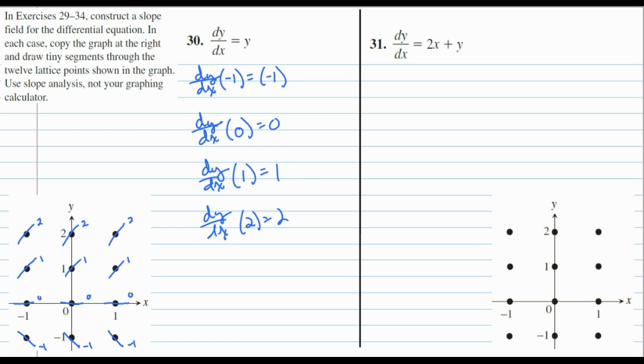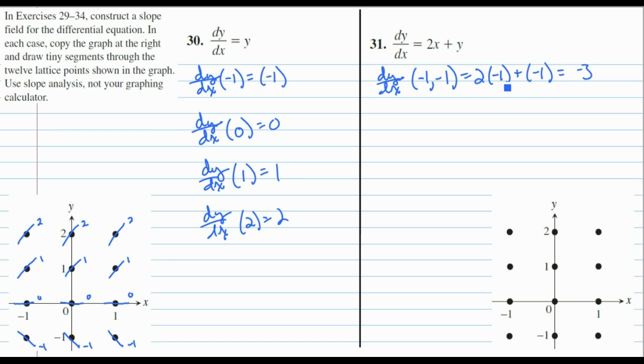Now in 31, we have a combination. The derivative involves both x and y. So now each and every single point is going to have to get calculated. Of course, you'll be able to see some patterns, but really this is an independent calculation. So the first point I'm going to try is -1, -1. I'm starting here down the bottom left corner. x is -1 and y is -1.